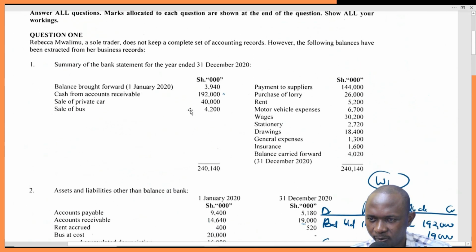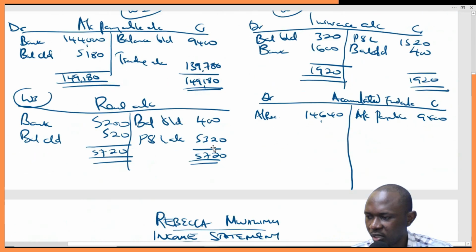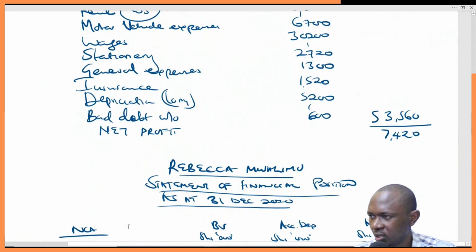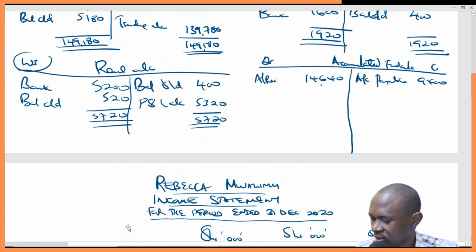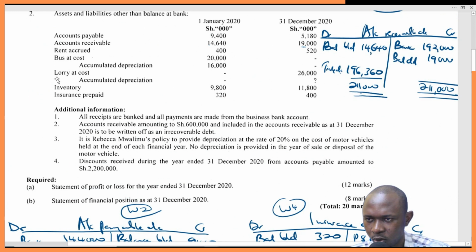Then next, rent accrued 400. Rent accrued is a liability, so we'll have it here. Then let's continue. Bus at cost.